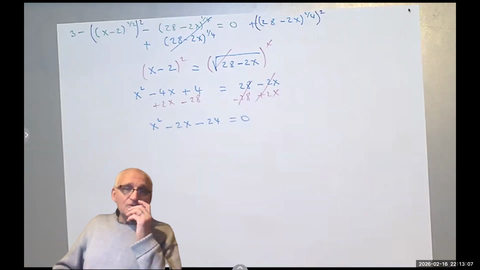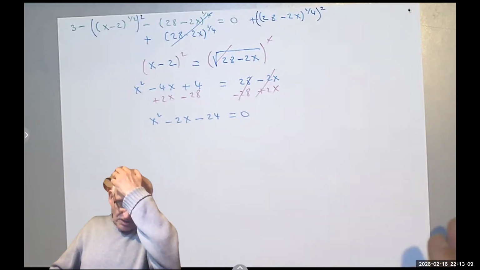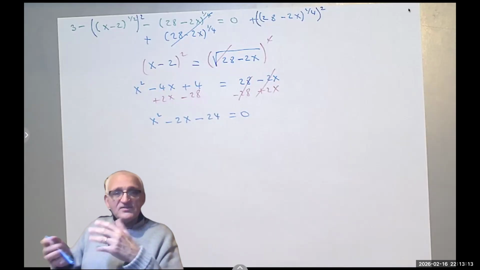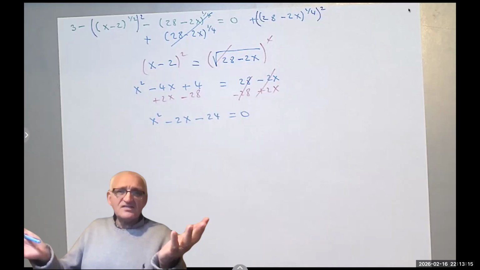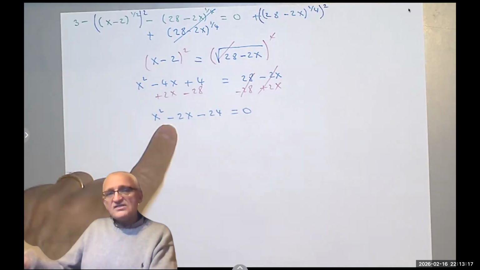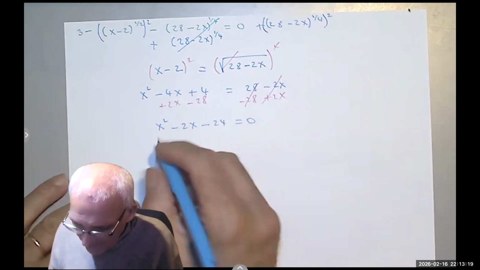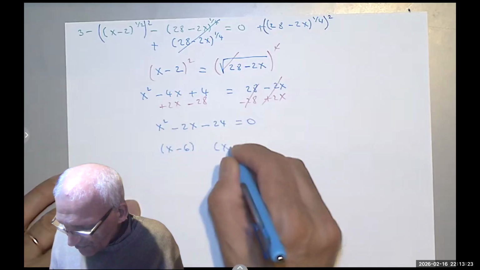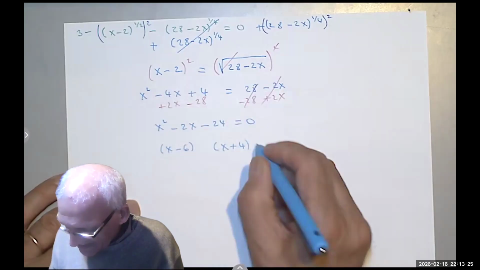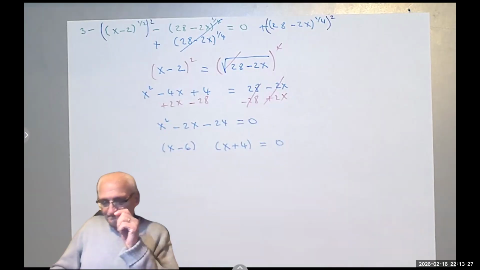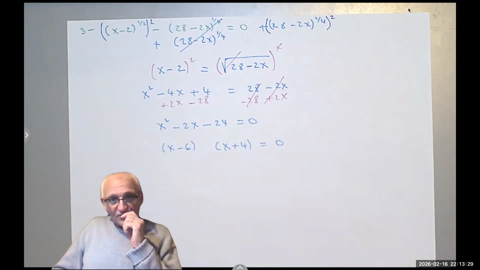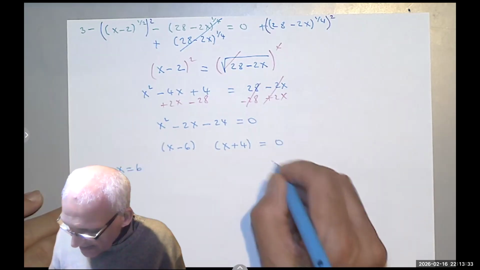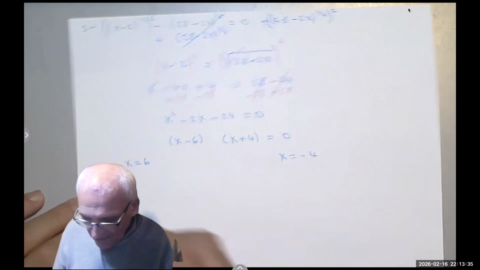You want 2 numbers that multiply to 24 and the difference is 2. So it must be 6 and 4, so the 6 is negative and the 4 is positive. You can write it as x minus 6 times x plus 4, or x plus 4 times x minus 6. It doesn't matter. Okay, so either x equals 6 or x equals negative 4.